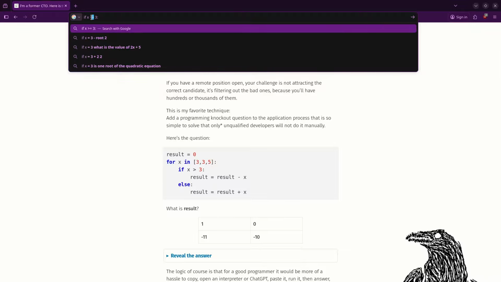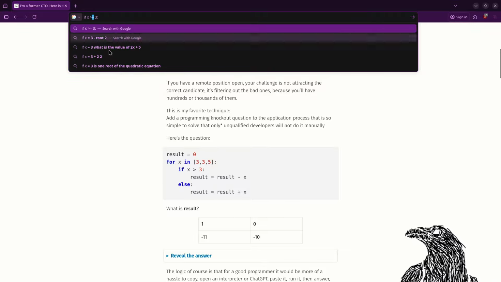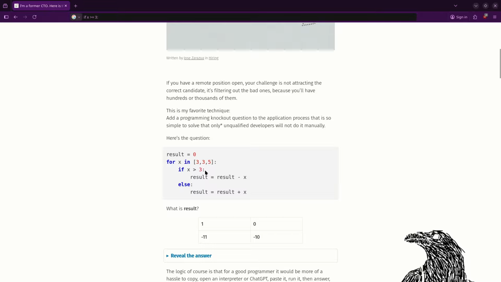There is an equals here, which completely changes the result. So with the equals hidden, it will be as if you subtract all of them. So 0 minus 3 will be minus 3, minus 6, and then minus 11. So you will get minus 11.